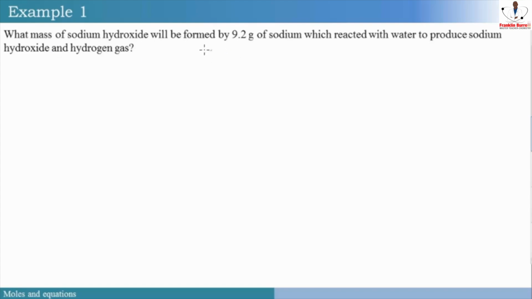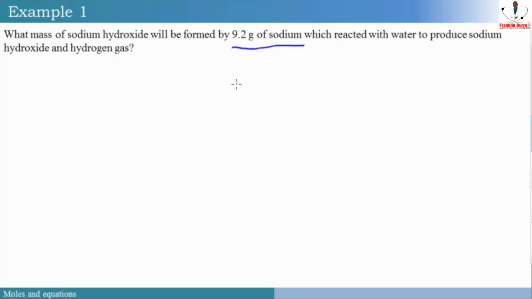We are concerned about the mass of sodium hydroxide that is produced. But what mass will that be produced from? It will be produced from 9.2 grams of sodium. So right here, we have a particular quantity, which is the mass of sodium.